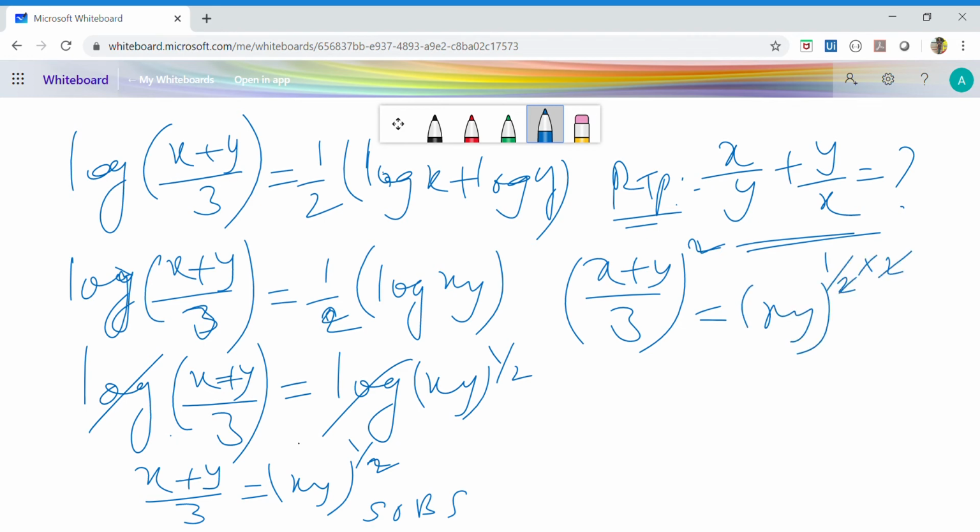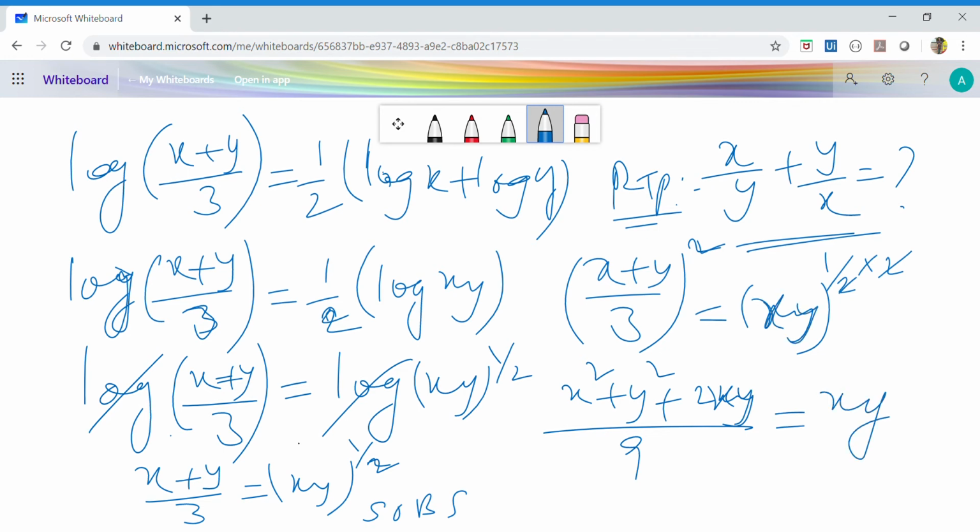The 2 gets cancelled, you will get xy, and on expansion of the LHS you will get x square plus y square plus 2xy by 9 is equal to xy. Transposing 9 to that side, x square plus y square plus 2xy is equal to 9xy.